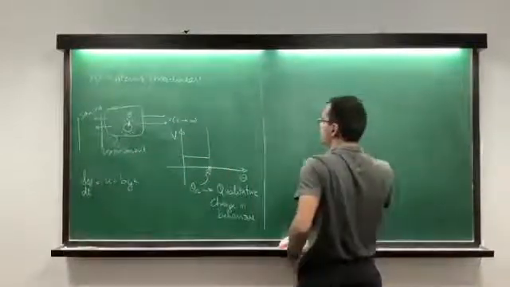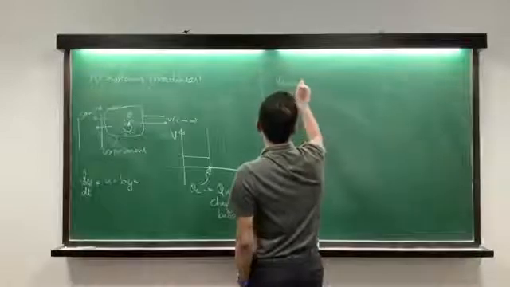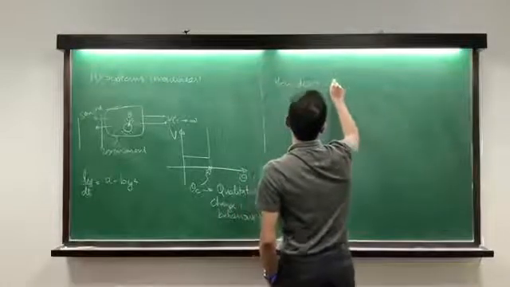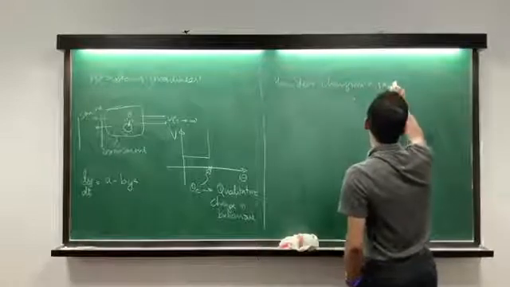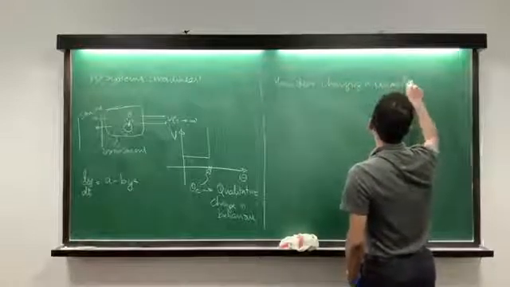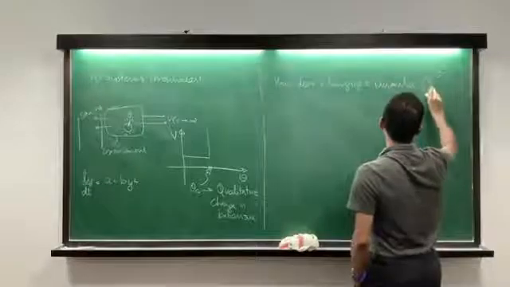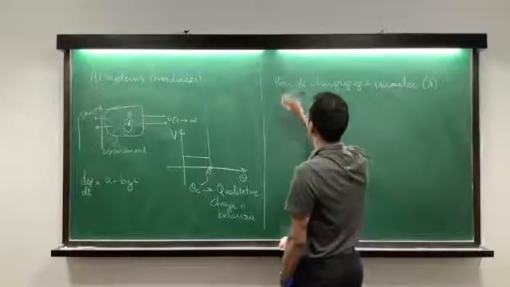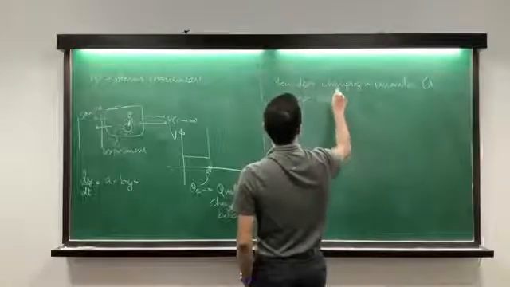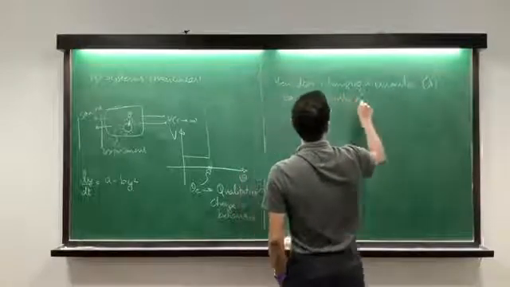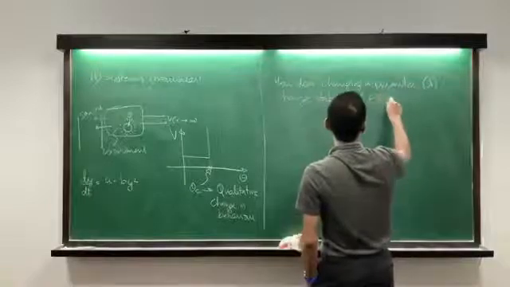But the basic question is, how does changing a parameter, let's call it lambda (lambda is the general name that people will use), change the stability of fixed points?